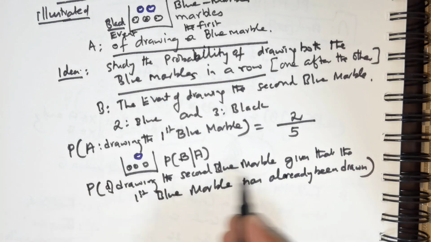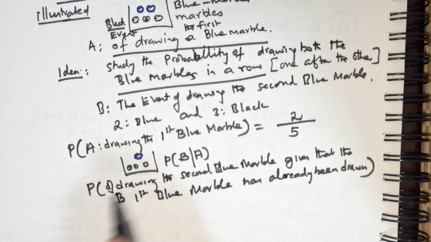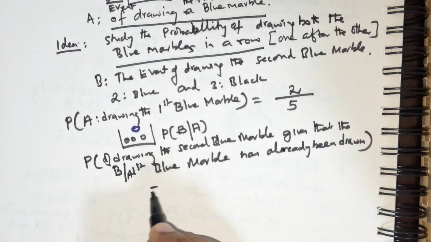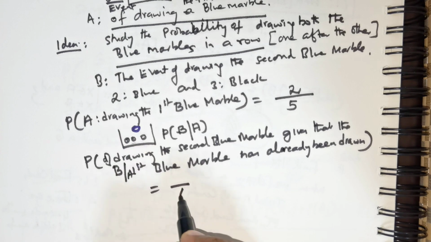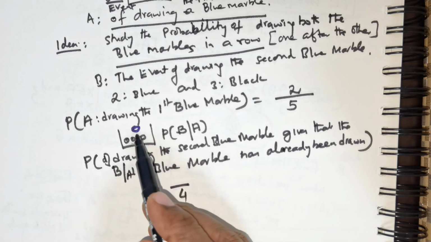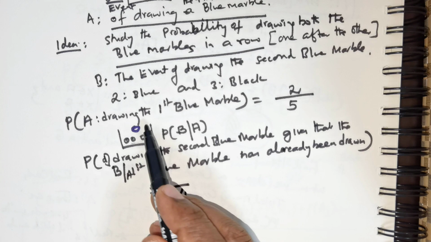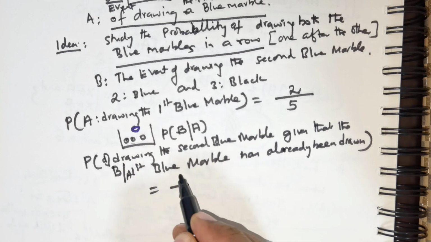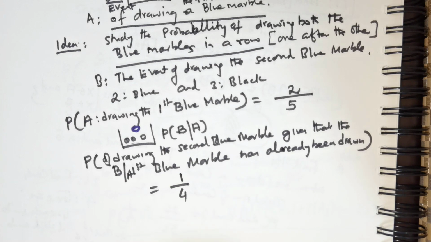This is nothing but B, given that A has already occurred. So how are we going to find that? Totally how many marbles are there? 4. And what is our favorable case here? Our favorable case is just 1, right? So place that 1 there.